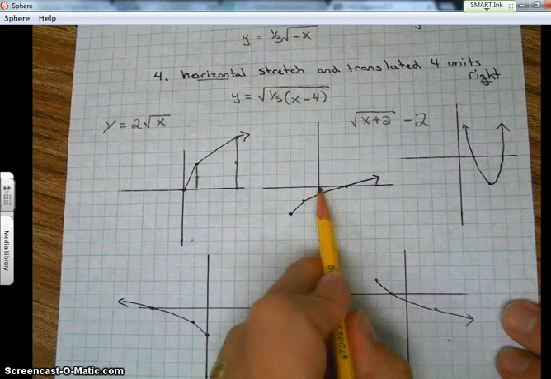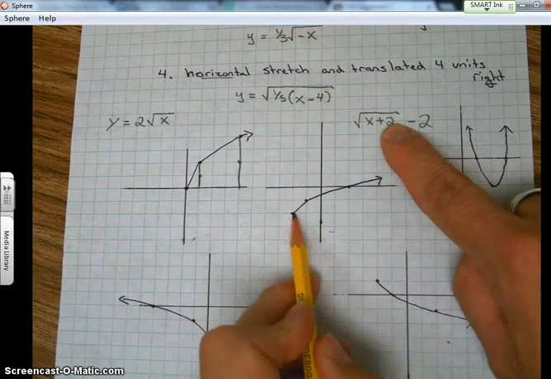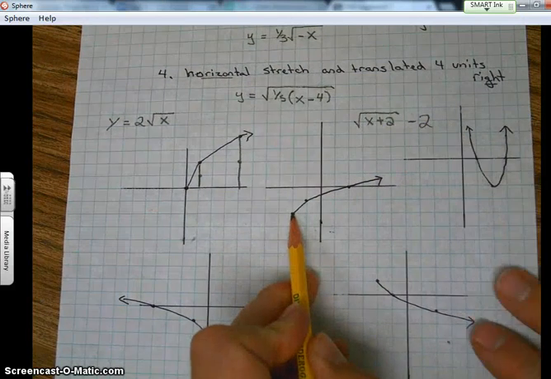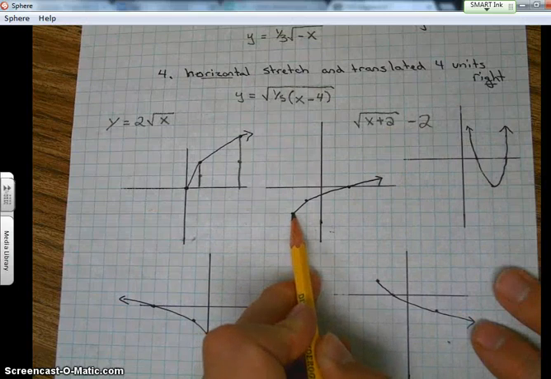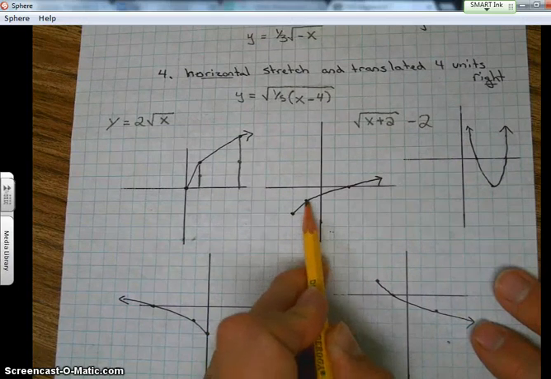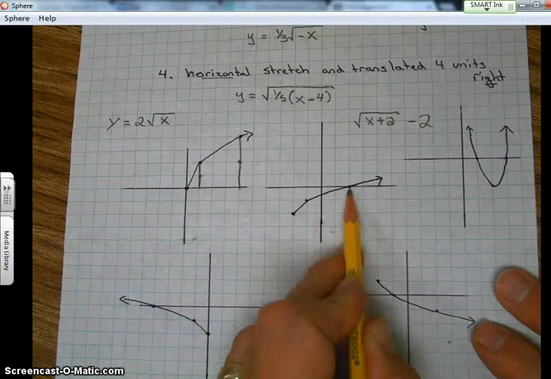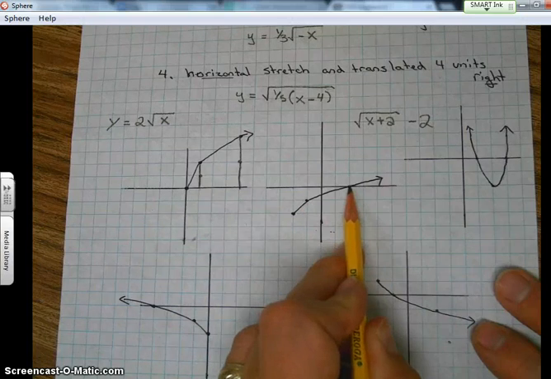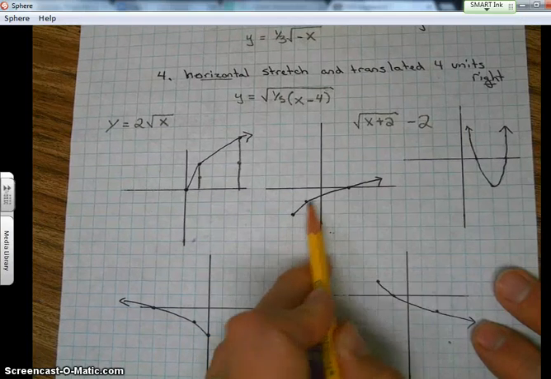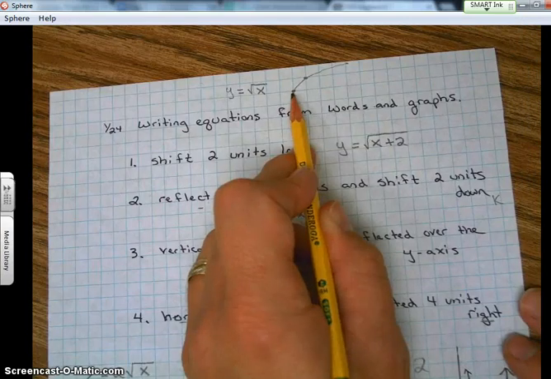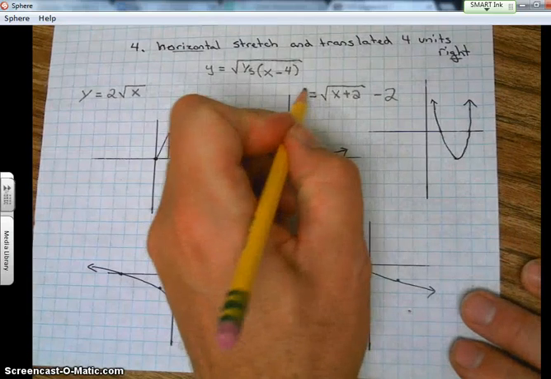So 2 to the left, 2 units down. Now let's check for anything else. So over 1, up 1, over 4, up 2, so no stretch. Now it's going up and to the right, just like the parent, so no reflection. So we're done.